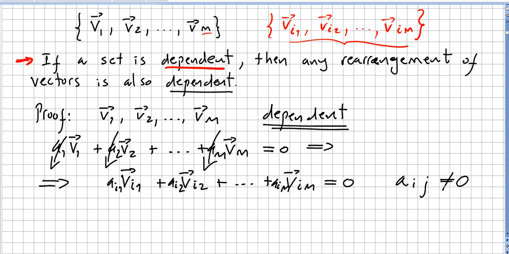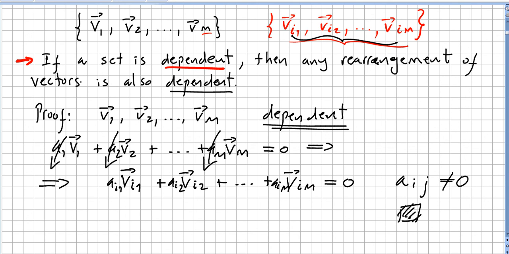I'm going to put j here because they cannot be all 0. So there will be a subset that will not be 0 and the others will be 0. So this set here is also dependent.